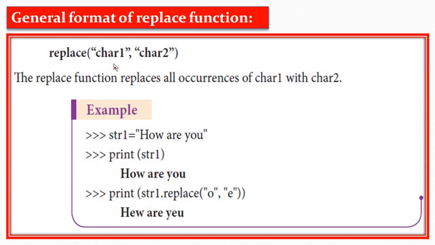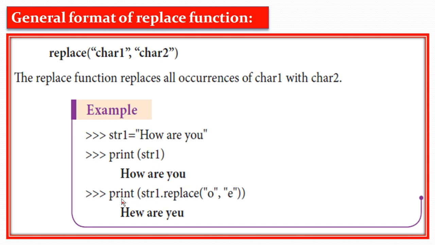Next topic, general format of replace function. We can replace a single character by using the replace function. Here replace char1 with char2. Here is an example. The replace function replaces all occurrences of char1 with char2. Here str1 equal to how are you, print str1, that prints how are you.